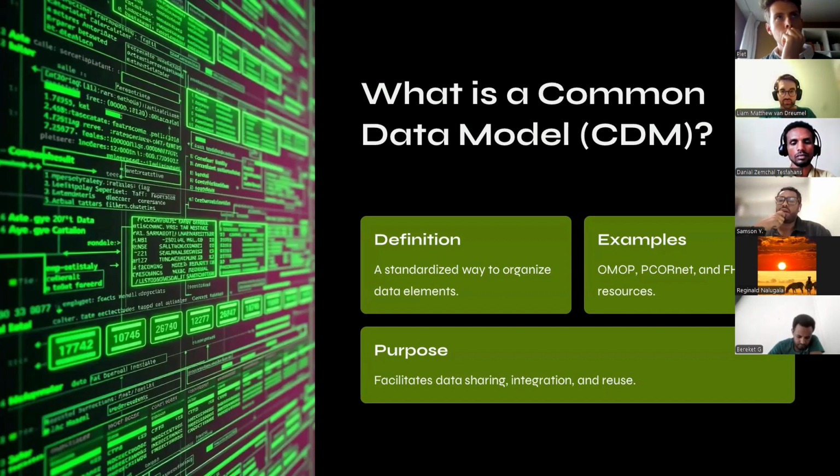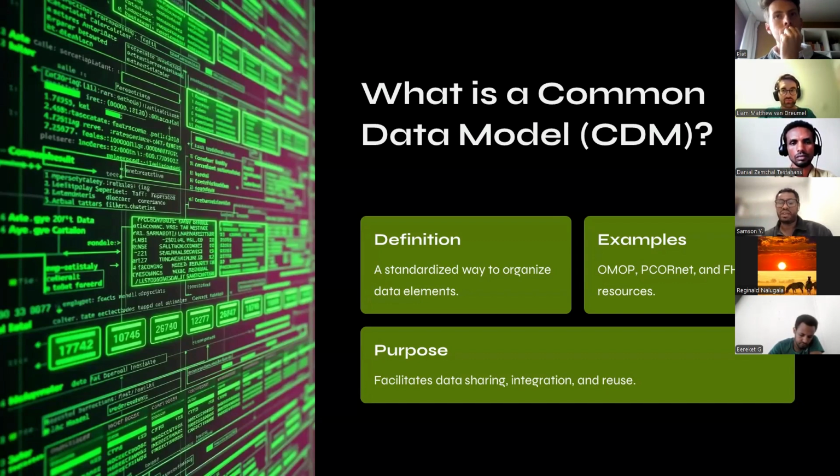For instance, observational medical data is standardized by OMOP CDM, or OMOP common data model, where they try to create a similar conceptual schema across different databases where they do observational medical research.